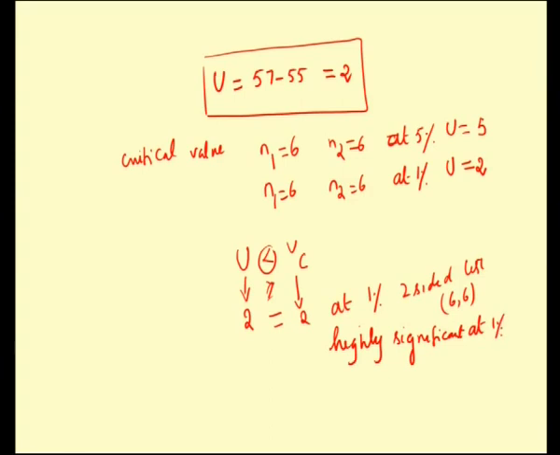When you take U equal to 5, you find that still 2 is lesser than the 5 value. So, in the 5% case also you will find that the calculated value is lesser than the table value. Therefore, it is going to be highly significant.